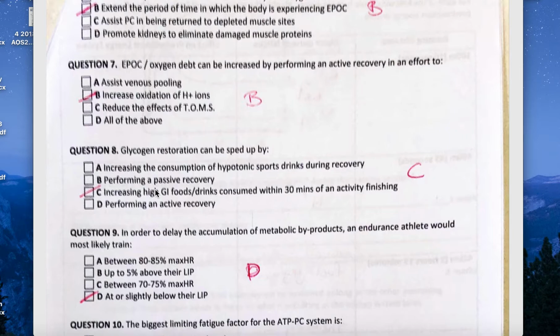We actually remove the ability of the venous pooling. So it prevents venous pooling. It doesn't assist it. By saying that it assists venous pooling, that's actually saying that more blood will pool in the veins by doing the active recovery. So it's definitely not A, which means it can't be all of the above. And with TOMS as the typo, we go with B as the correct response there.